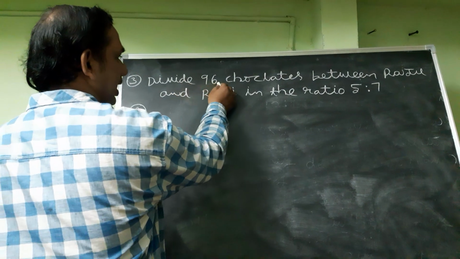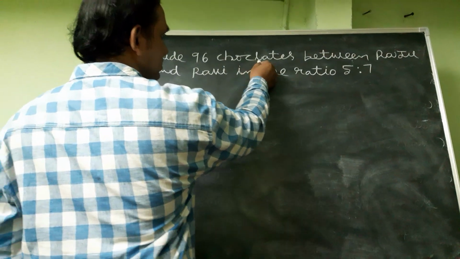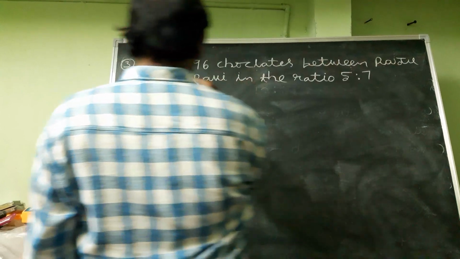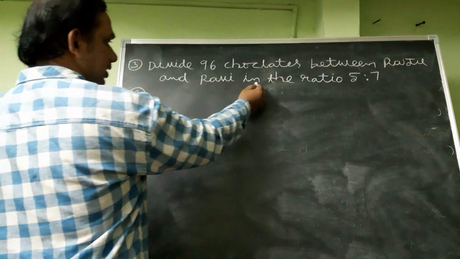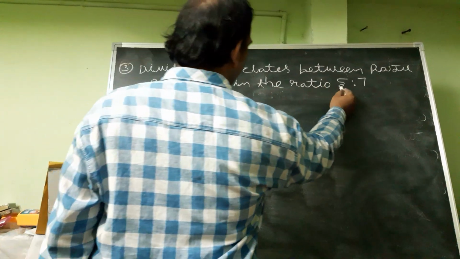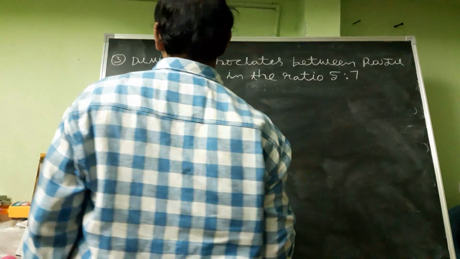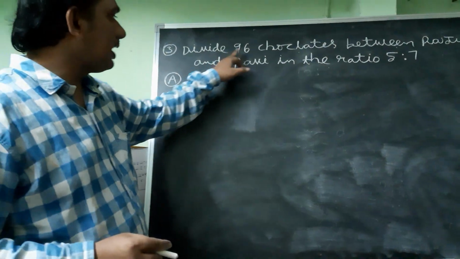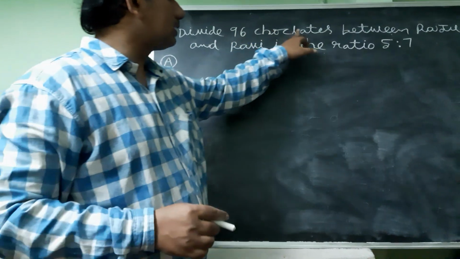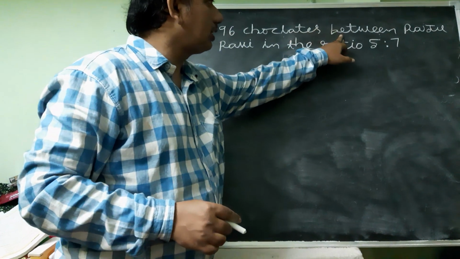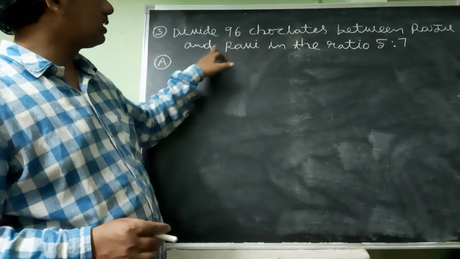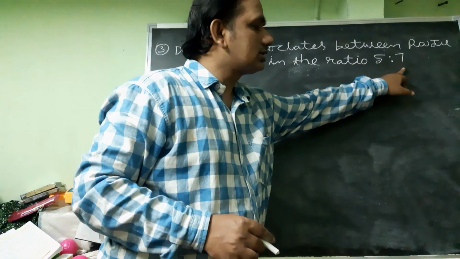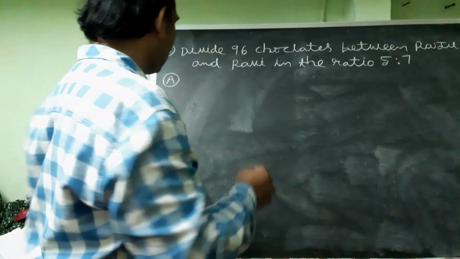Divide 96 chocolates between Raju and Ravi in the ratio 5 is to 7. Now we will solve the problem. 96 chocolates are divided between Raju and Ravi in the ratio 5 is to 7.